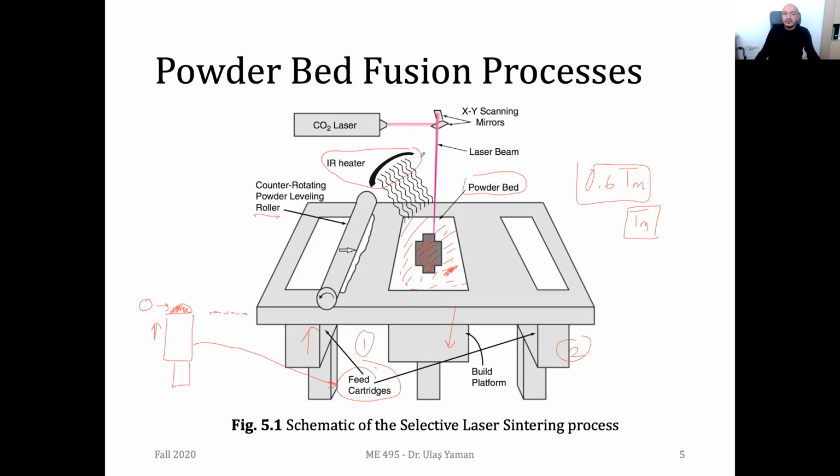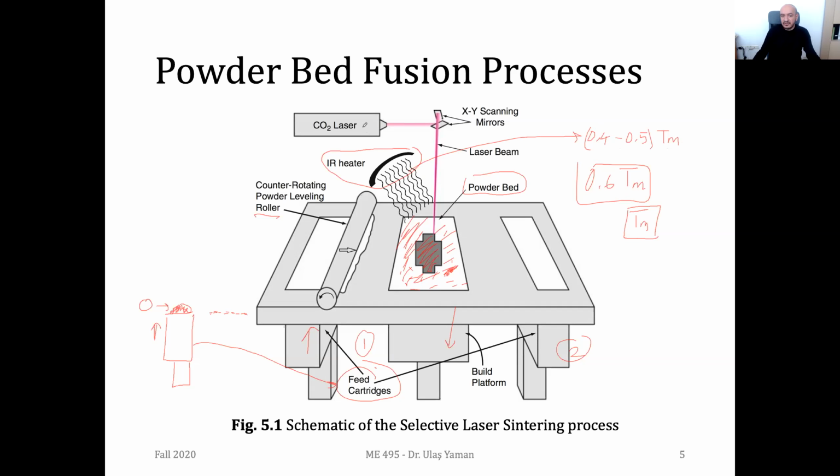So what they do instead is simply use conventional heaters around, and these heaters increase the temperature to around, let's say, 0.4 to maybe 0.5 of the melting point temperature, so that the laser applies less energy on the build plate and will still be able to do the sintering or melting operation.